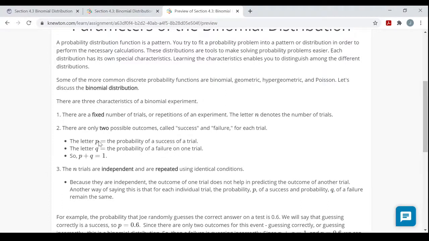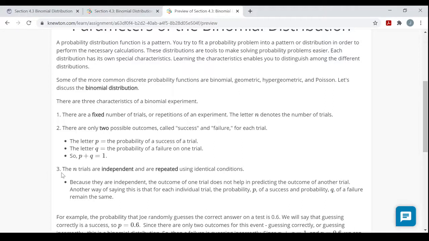If this is the probability of success and this is the probability of not success, then their sum should be equal to 1. Remember the complement rule for probability? The probability of an event plus the probability of not that event will always be equal to 1, and that's what we're seeing here.